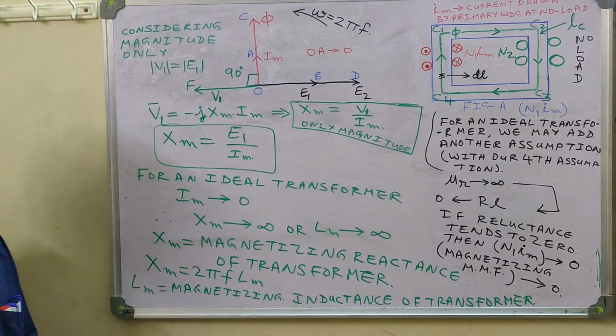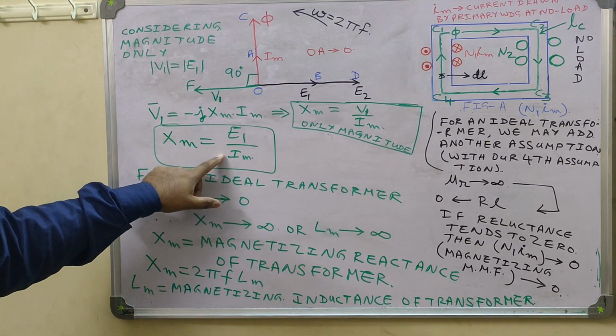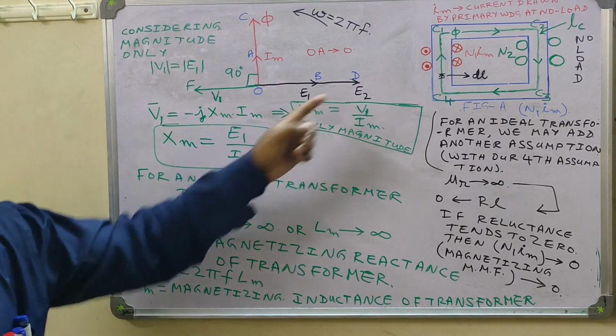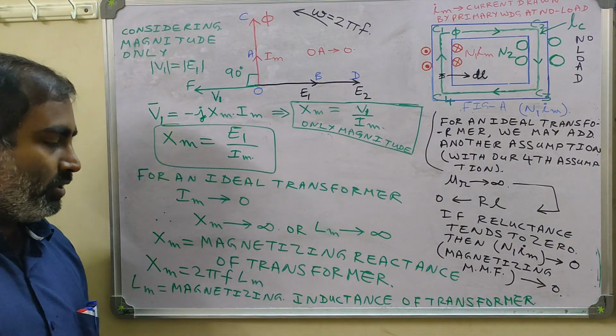This is an important conclusion we should keep in mind: if you want to compare two transformers, say transformer A and transformer B, and transformer A has a larger value of magnetizing inductance, it will require a smaller magnetizing current for the same applied voltage. This is an important point.